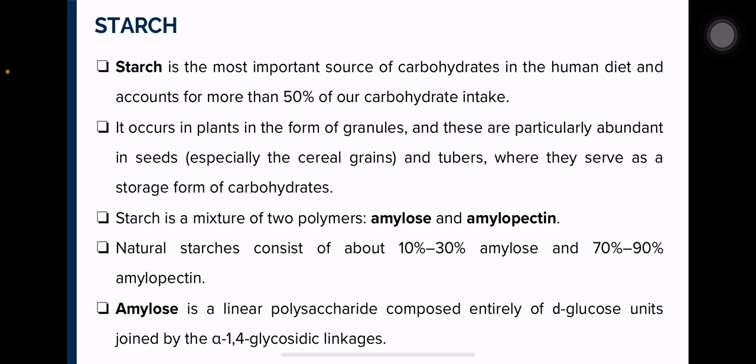This reaction is highly sensitive, detecting even minute amounts of starch. Amylopectin, on the other hand, consists of about 70 to 90%. This composition gives starch its structure, digestibility, and reaction with iodine.